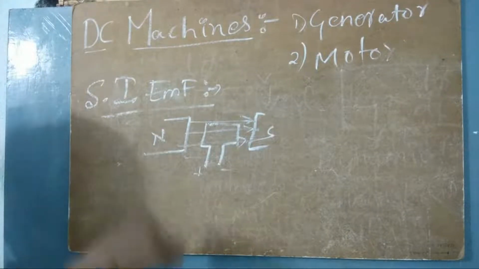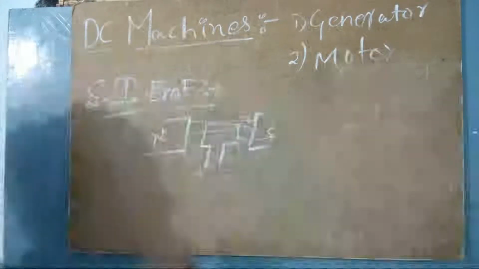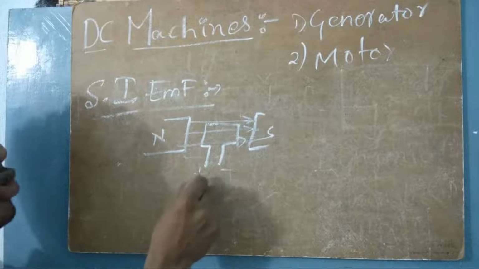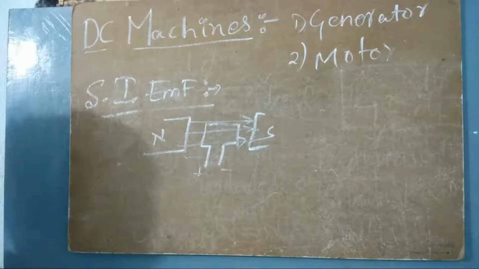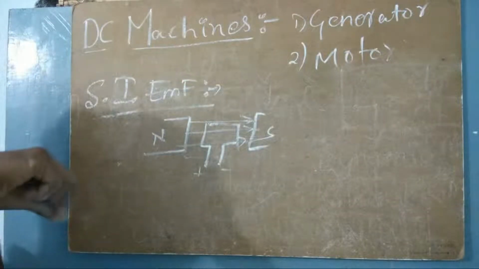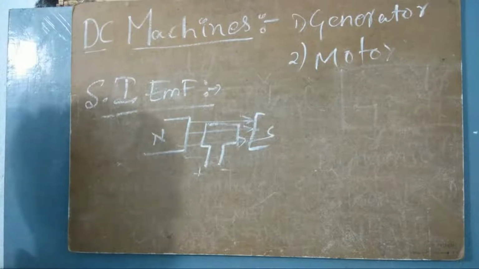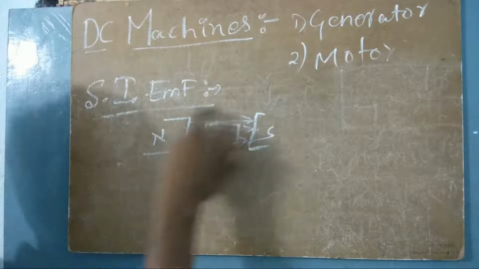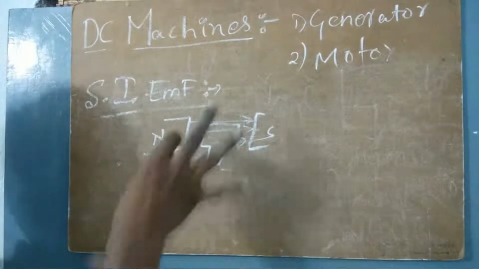So what happens? The EMF will be produced when there is a current. This electromotive force is the one which forces the electron to travel. This is an agent to drive the electron from one point to another point. So EMF is very important in a generator. It is a phenomenon inside a machine.